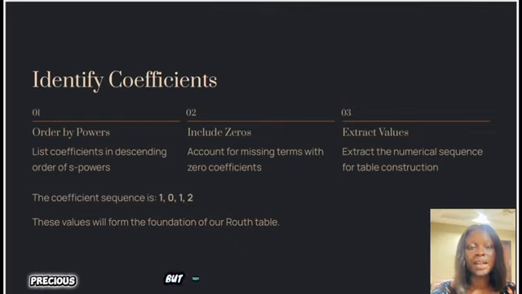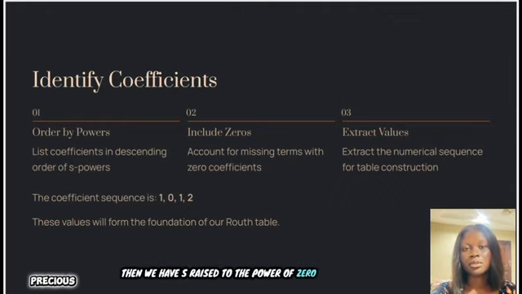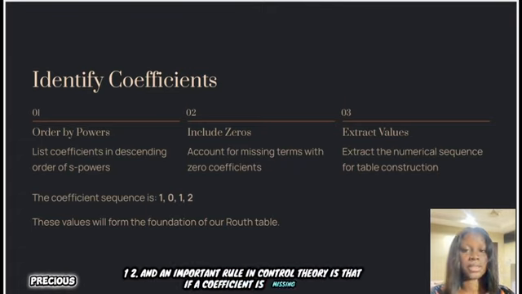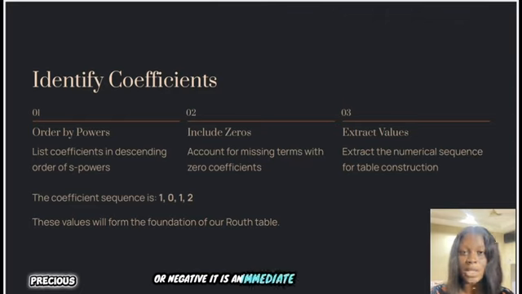and then s squared, which has a coefficient of 0, but it's a missing term. Then we have s, which has a coefficient of 1. Then we have s raised to the power 0, which has a coefficient of 2, which is the constant. So the complete coefficient sequence is 1, 0, 1, 2. An important rule in control theory is that if a coefficient is missing or negative, it is an immediate red flag.